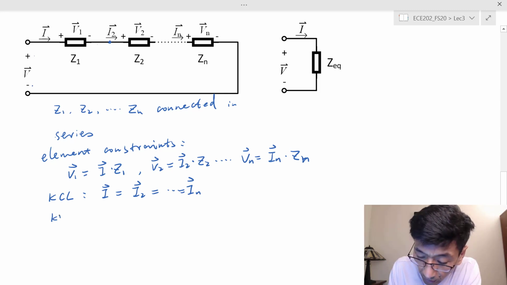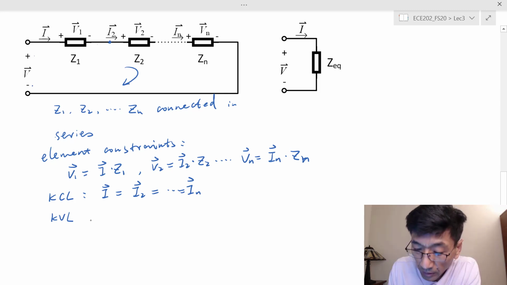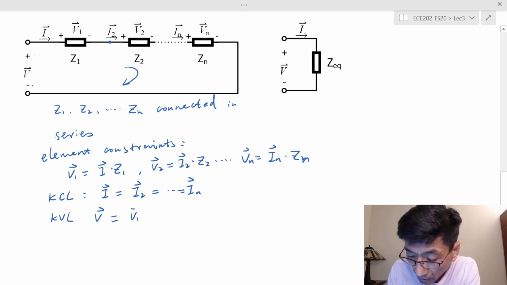Also, based on the KVL, if we follow the clockwise direction, we have V, the total, which is the voltage rise, equal to the sum of the voltage drops. That would be V1 plus V2 plus up to Vn, right?